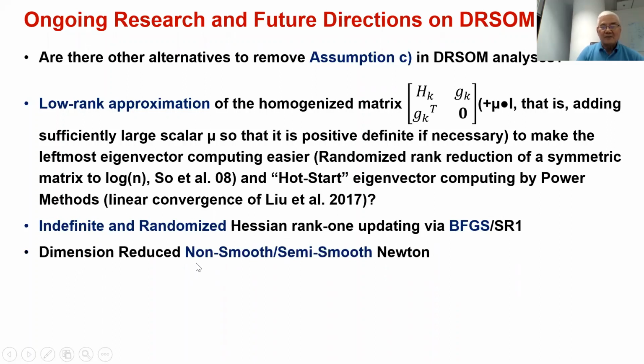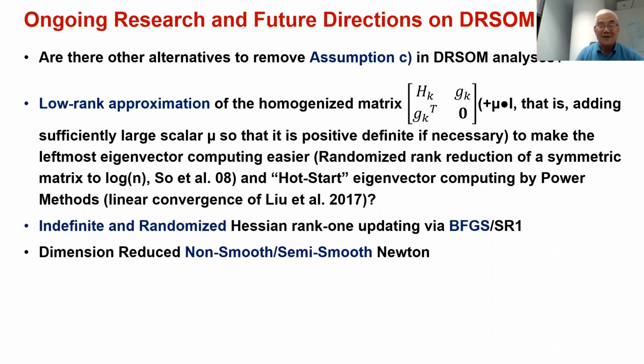There is also dimension reduction. Right now, most machine learning and deep learning problems we experiment with are actually non-smooth, because they have ReLU functions. Our method still works, although in theory it needs the function to be twice differentiable. But how do we do dimension reduction for non-smooth Newton? Basically, the whole idea is that high order information matters, and the best method to take advantage of it is Newton's method.